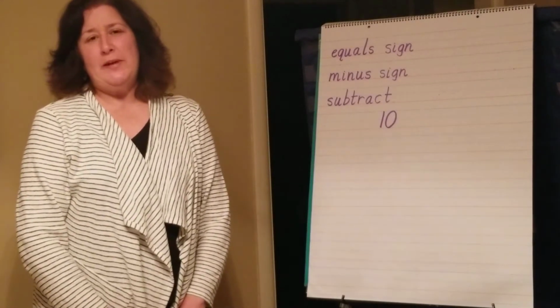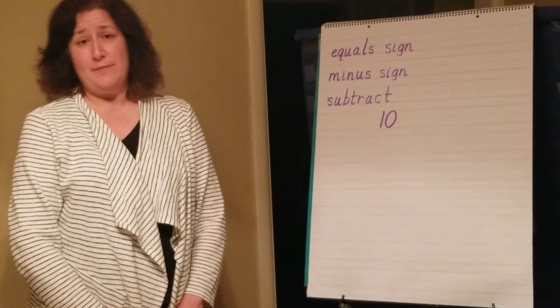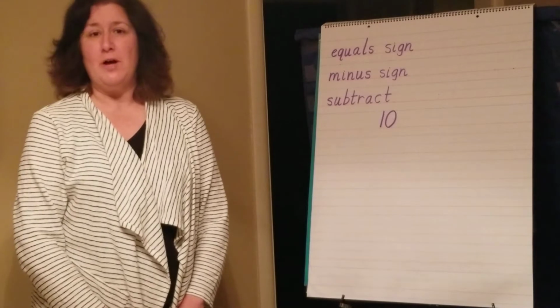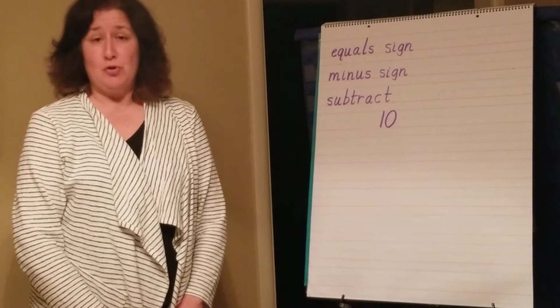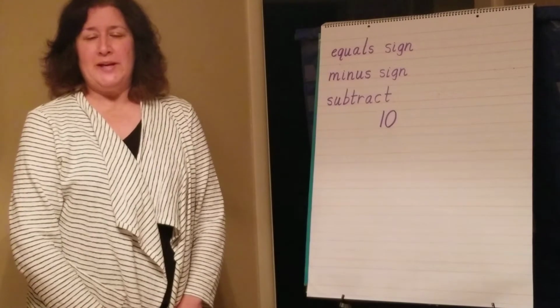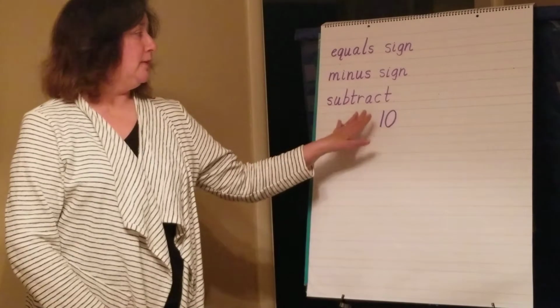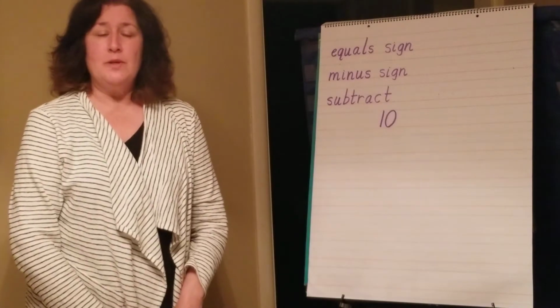I just wanted to spend a few minutes talking to you about math because you've been working with mom and dad on subtraction problems at home. Before we start this week, let's go over some things really quickly.